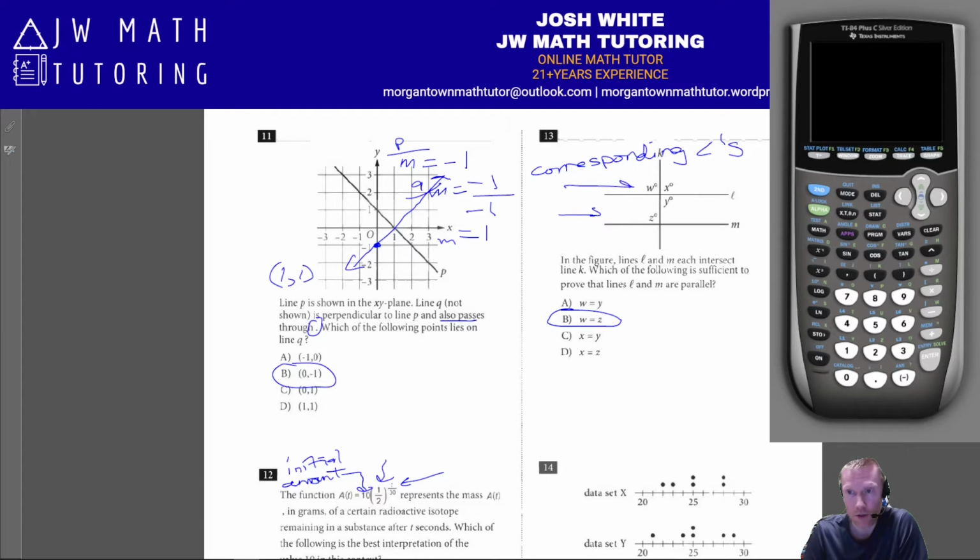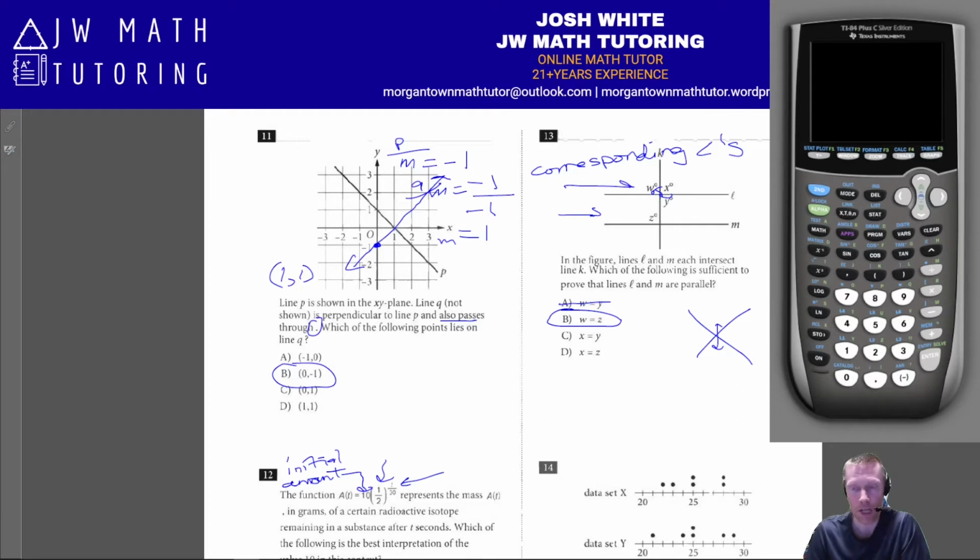So W and Y are technically vertical angles, and they're always congruent regardless of whether you have 2 parallel lines or, say, just 2 non-parallel lines. These are vertical angles, top and bottom. They're still congruent. What else? X and Y, these are basically consecutive or adjacent angles that are next to each other.